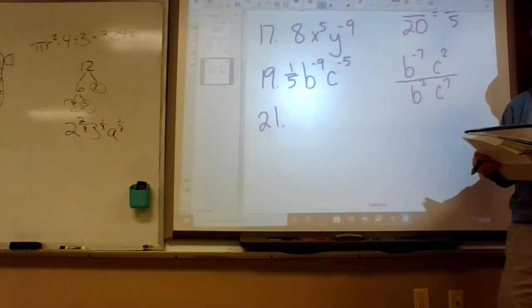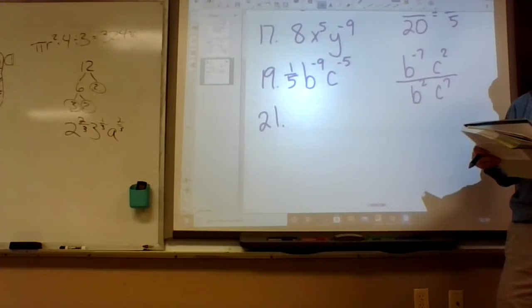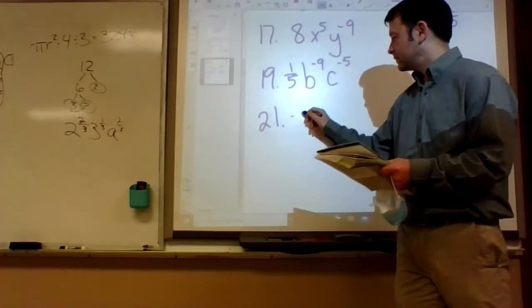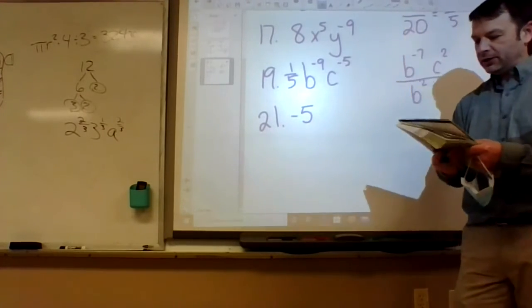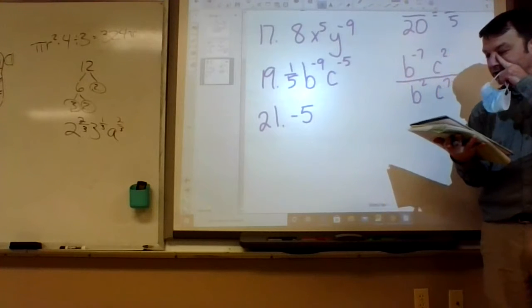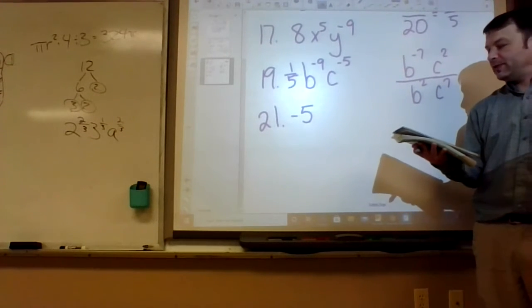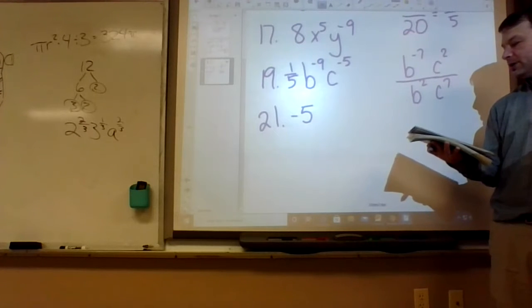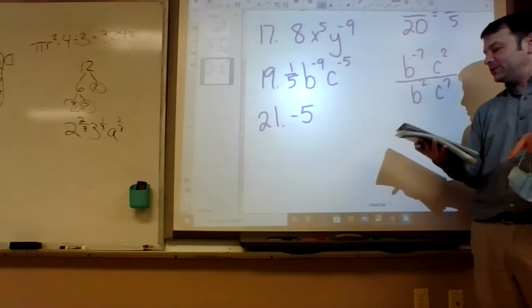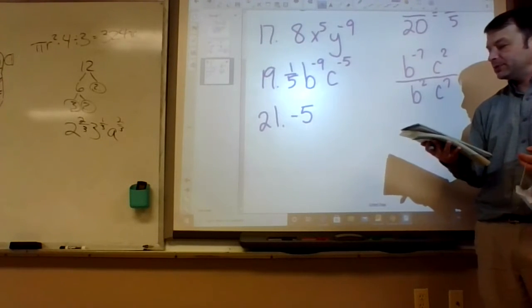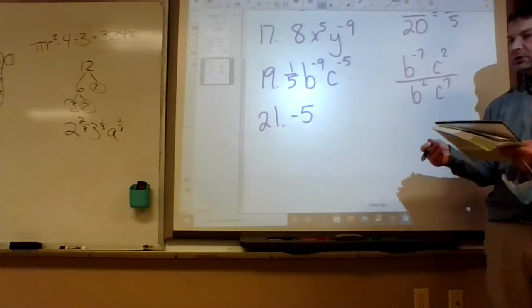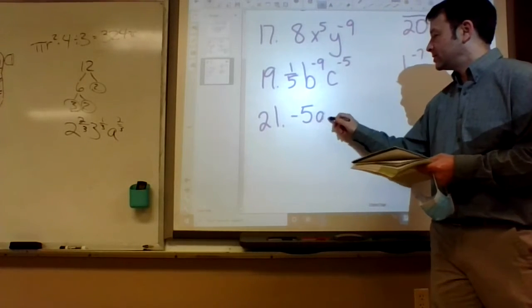Okay, Emily. Looks like 10 divided by negative 2. Negative 5. And then, okay, this one's a little trickier because I only see one A and it's on the bottom. But we're supposed to move everything to the numerator. So, Emily, if it's A to the negative 2 on the bottom, what is it on the top? Right. So, A squared.